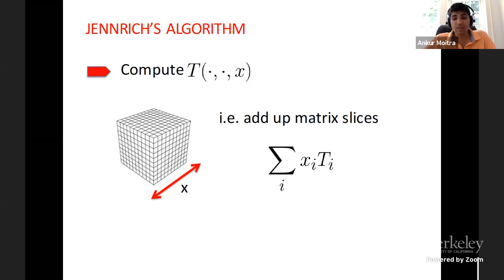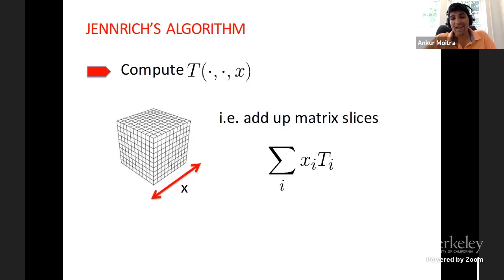So imagine that we have this third order tensor, and it's third order because it's a three-dimensional grid of numbers. And one thing we can do is try and flatten it by adding up different matrix slices. So when I take this tensor T and I plug in a vector x, what I want to do is add up the different slices through T, and I want to multiply each one of those slices by the scalar x_i.